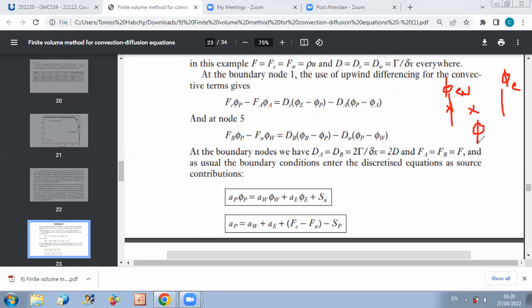We have phi at p and we have phi west, phi big W, and phi here big E.